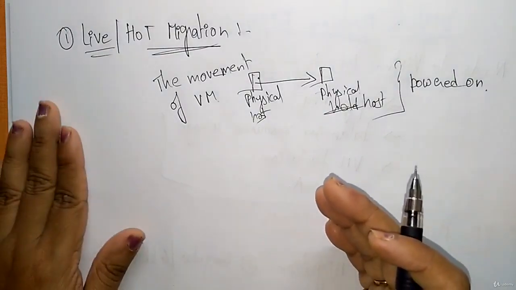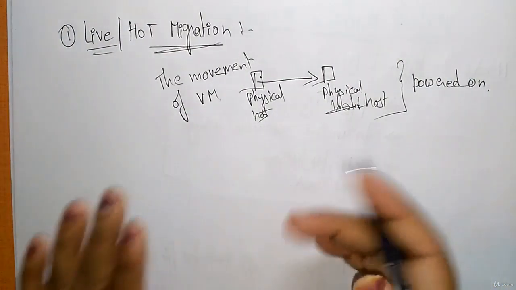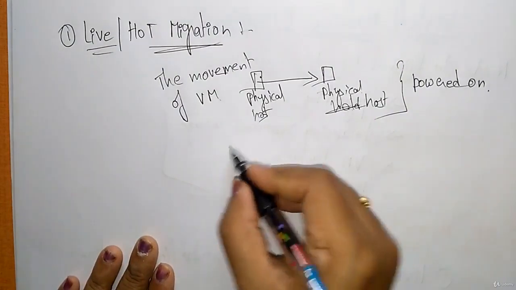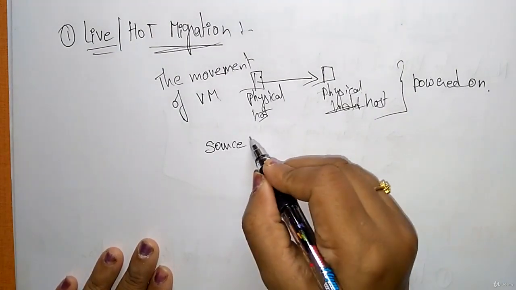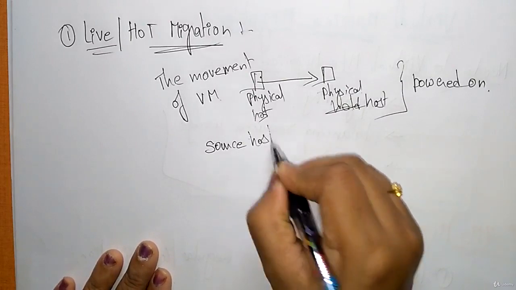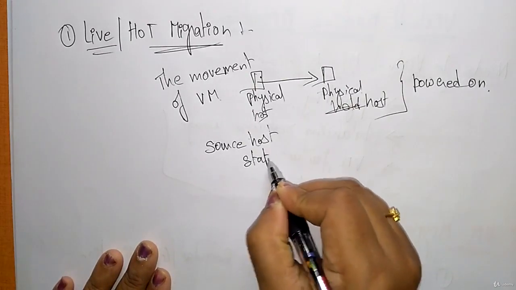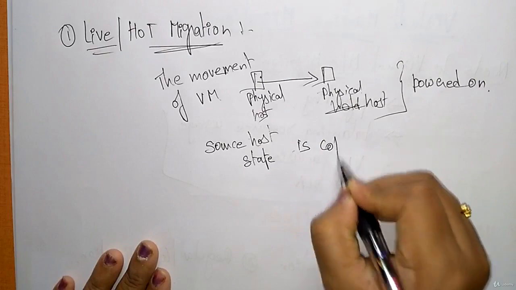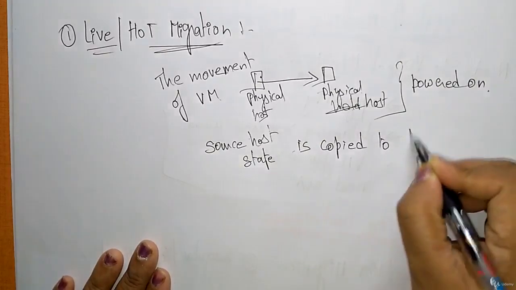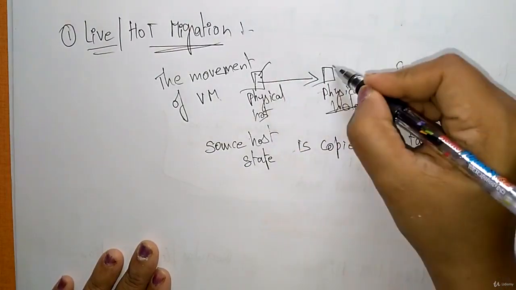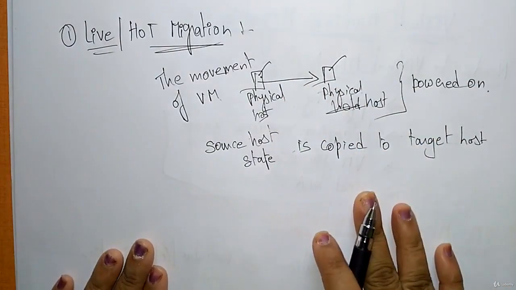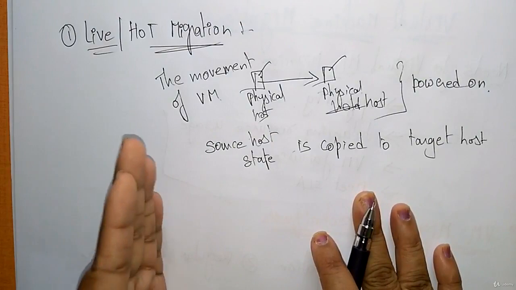The virtual machine state is copied to the target host. So the source host state is copied to the target host. The source virtual machine is suspended.